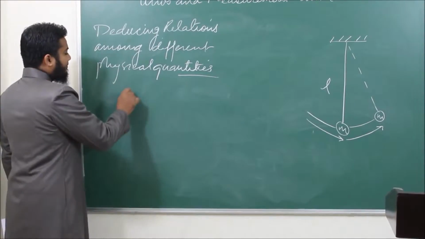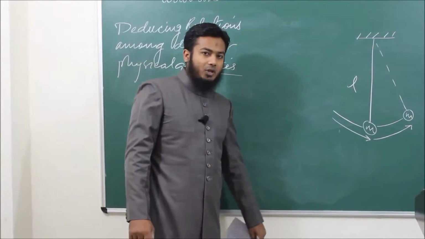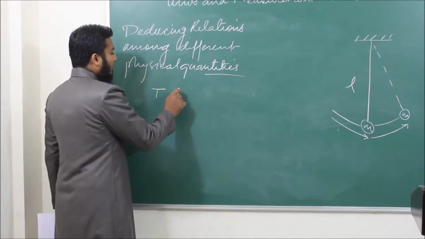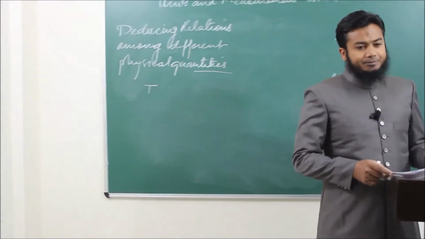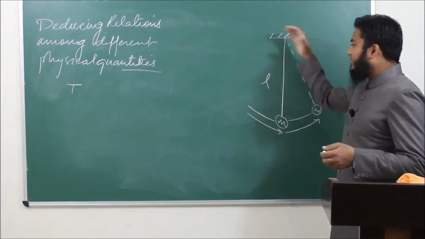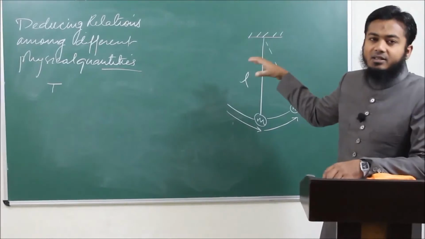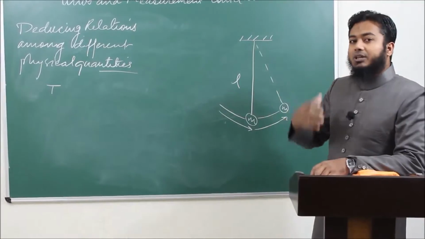So let's say the time period depends on the mass of the pendulum, and it depends on the length of the pendulum, and we can make a guess that it depends on the gravitational acceleration at the location. The gravitational acceleration is due to the attraction of the earth.